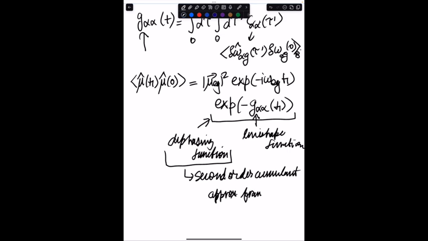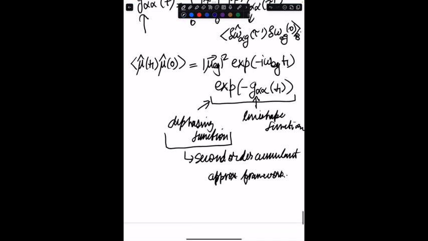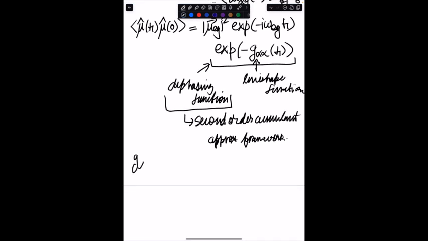Okay. And then this line shape function is generated by a double integration of your correlation function, or your frequency correlation function, known as your FFCF.